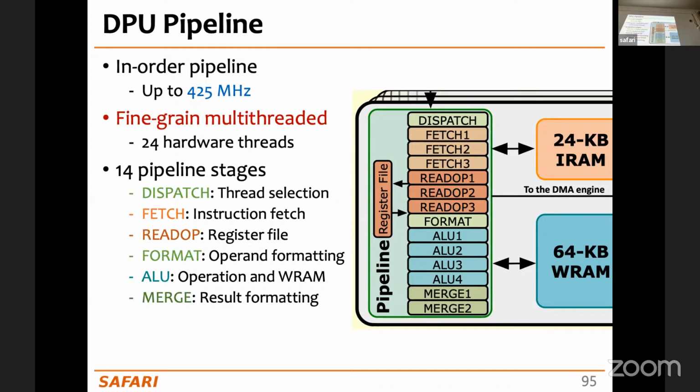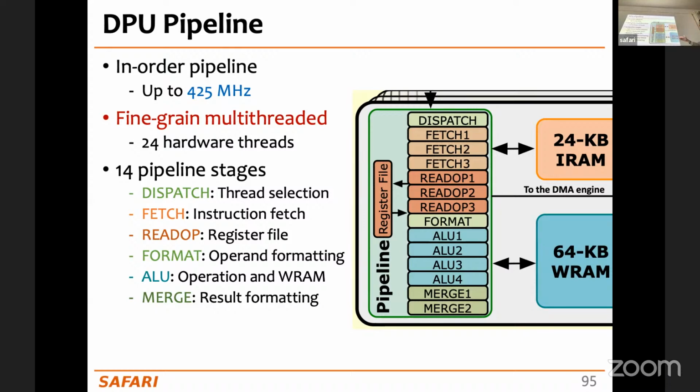So instructions are fetched from there. Then we need to access operands from the register file, format them, then compute using the ALUs, or also from these stages here, access SRAM-based memory that is this WRAM, a scratchpad memory that operates in a similar way as a software-managed cache, and then result formatting, etc.